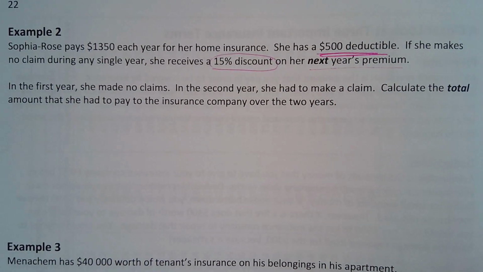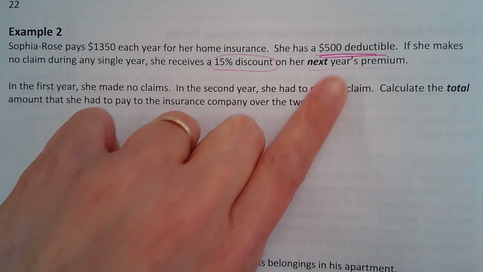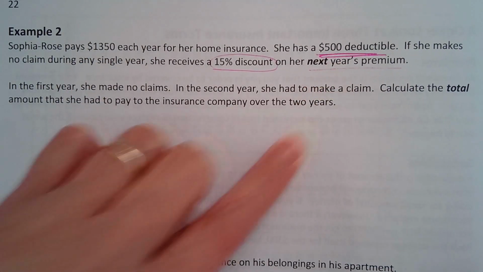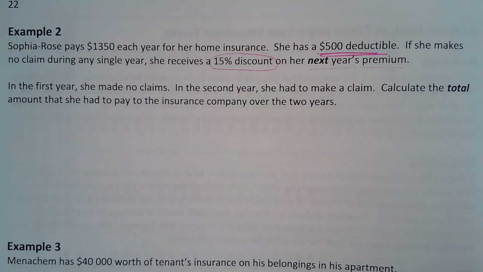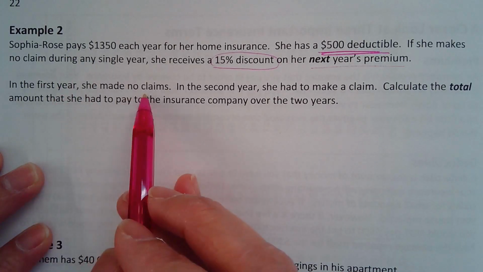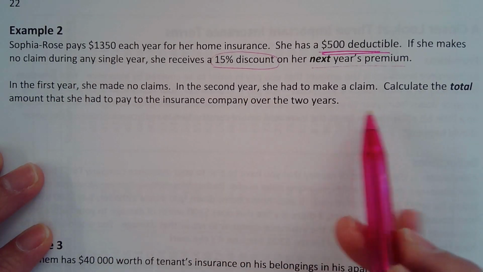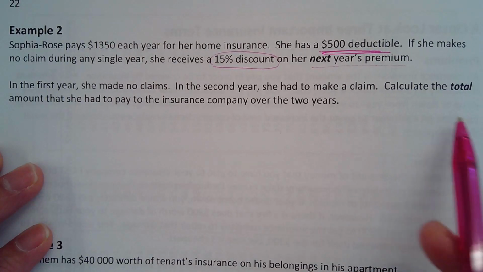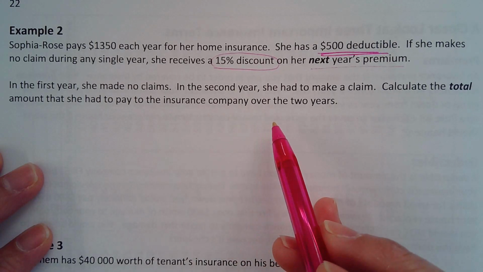Okay, so she pays $1,350 each year. She has a $500 deductible. If she makes no claim in any single year, she gets a discount for the next year. In the first year, she made no claims. In the second year, she had to make a claim. Calculate the total amount that she had to pay to the insurance over the 2 years.